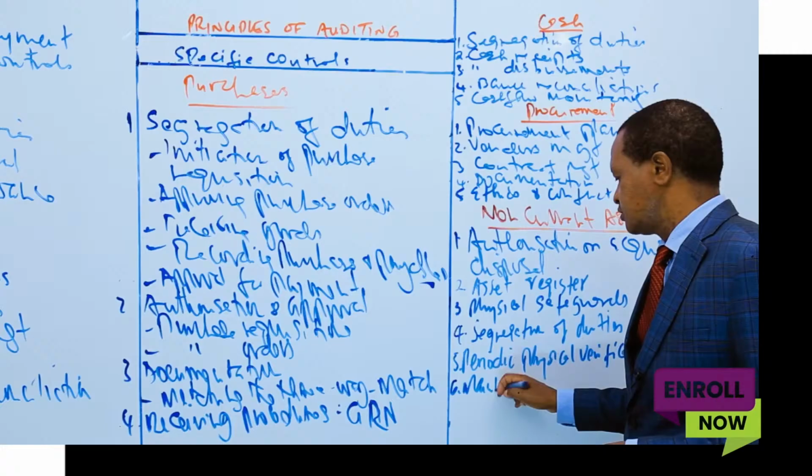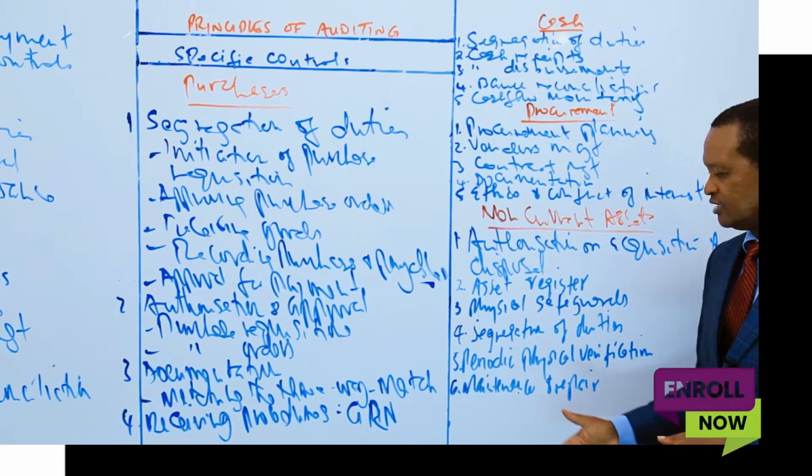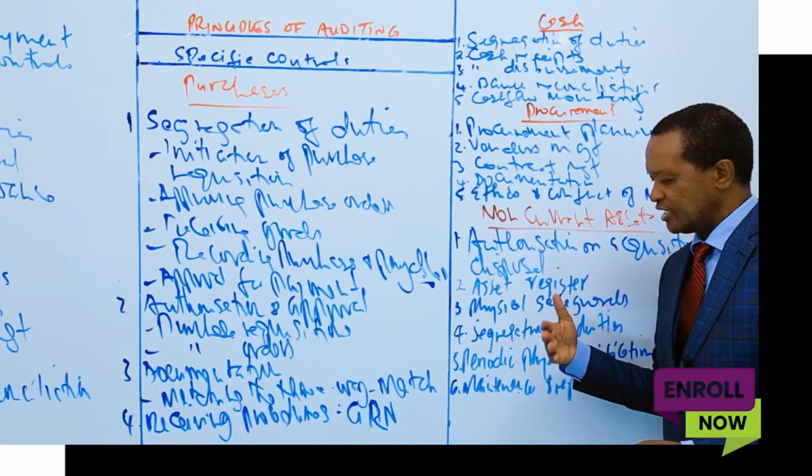And maintenance and repair controls. That entails establishing clear policies distinguishing between capital and routine repairs. When repairs are made, it's important to distinguish the repairs.